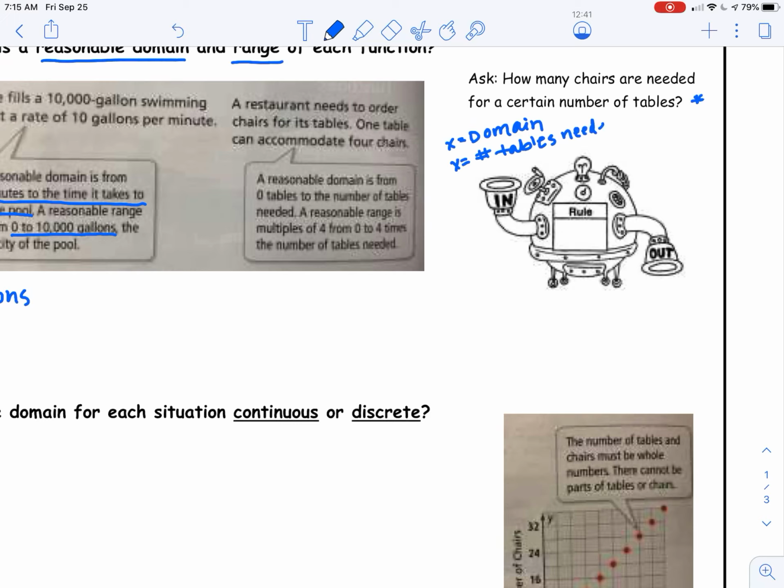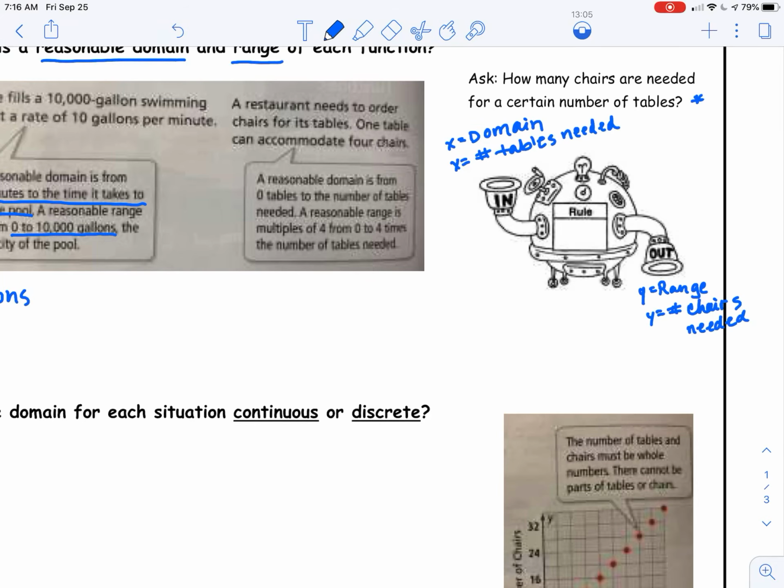We'll go ahead and put needed. And then it's going to spit out your Y value, which we said is the range. And Y would represent the number of chairs you need. So in other words, if I know how many tables I have, I can figure out how many chairs I need.